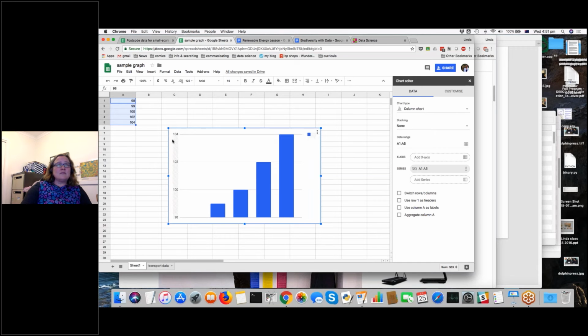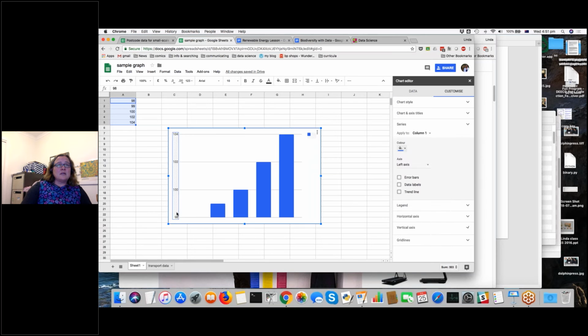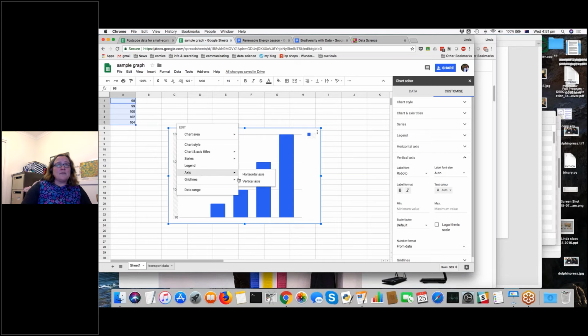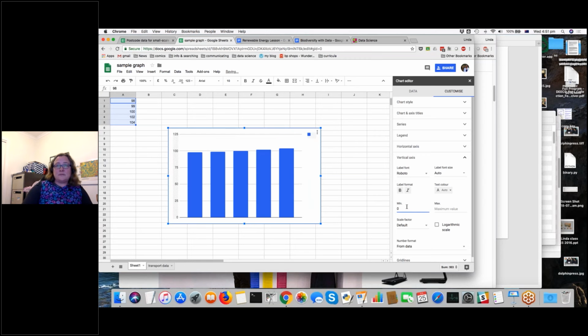Oh, I've forgotten how to do it. Okay. Vertical axis, minimum 0. Now, when you look at that data, you get an entirely different representation that shows you, first of all, your 98 is back, but the difference between the 98 and the 104 is now represented in a much more valid way than it was in that original graph.